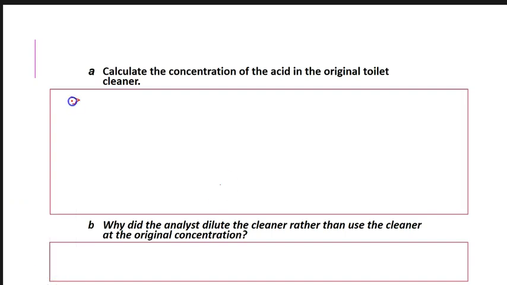multiplied by, again, our volume divided by 1,000 to get it into litres, which is going to give us the moles of sodium carbonate equal to, let's just do this calculation.